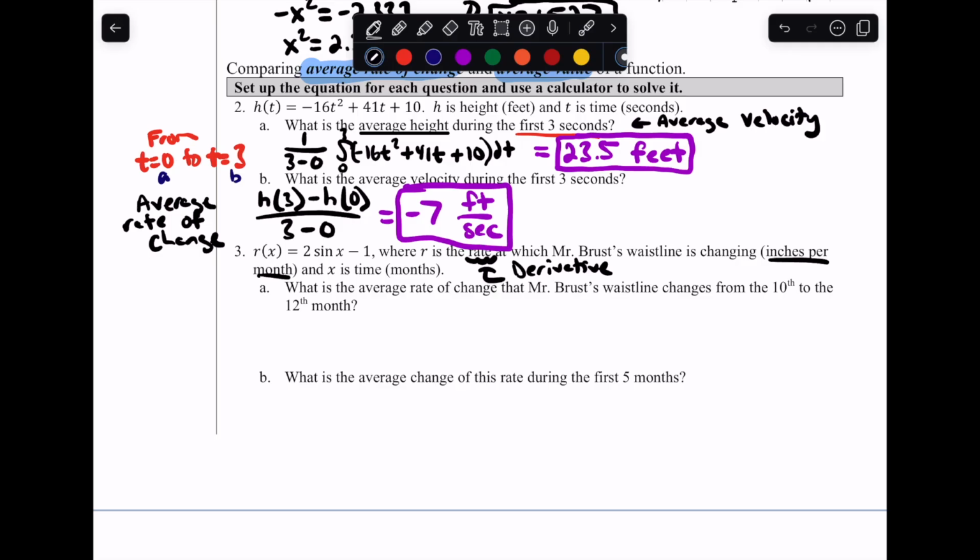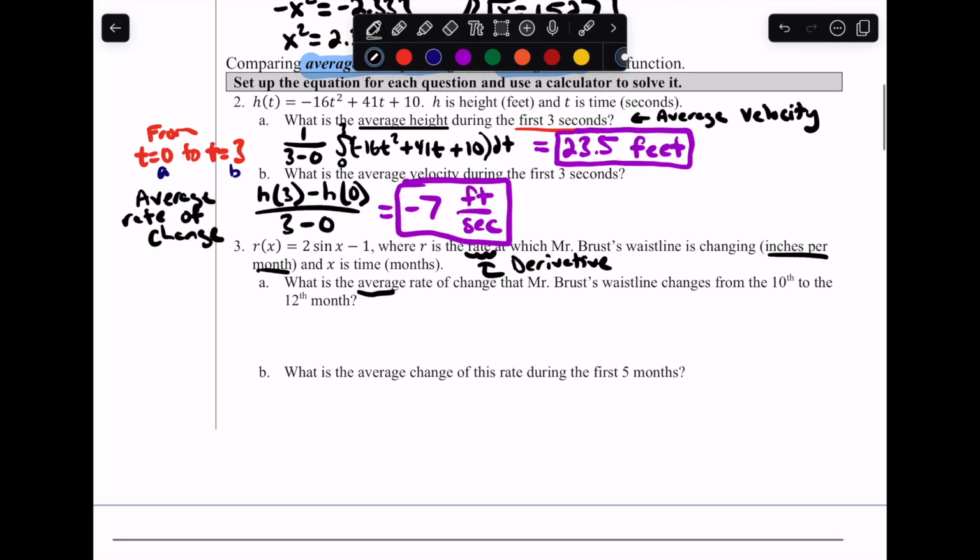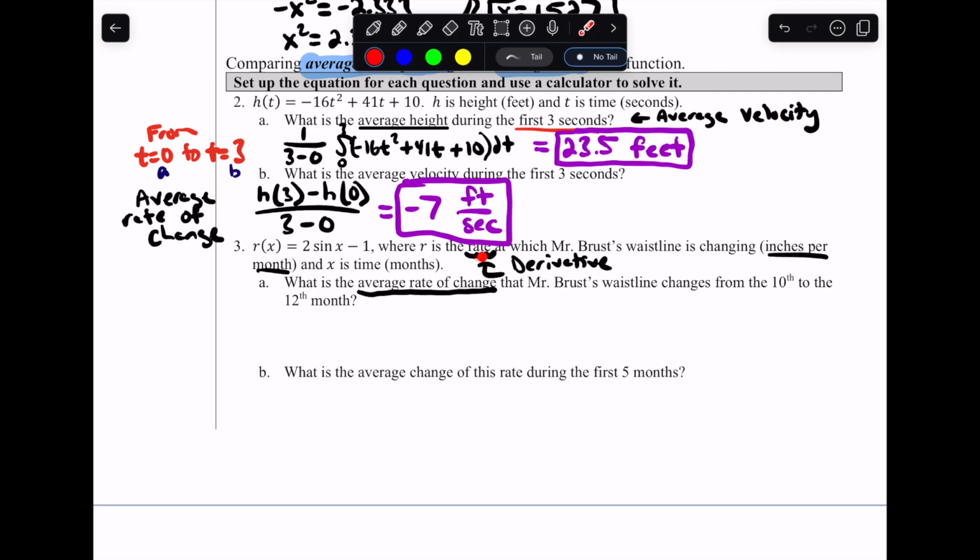Our question in part A is asking us what's the average rate of change that Mr. Brust's waistline changes from the 10th month to the 12th month. Since the original function is already a rate, even though this uses the phrasing of average rate of change, which makes me think of a slope, we're going to need to be using essentially the average value equation here.